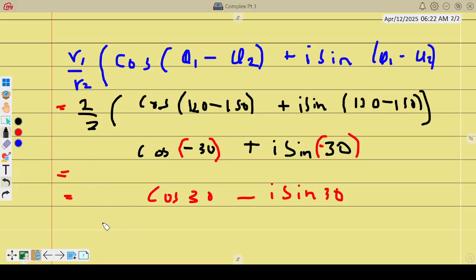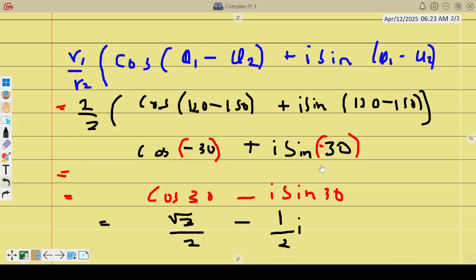You should always know that cos 30 is root 3 over 2, minus sine 30, which is 1 over 2, and then we put I. So that's how you go about this.